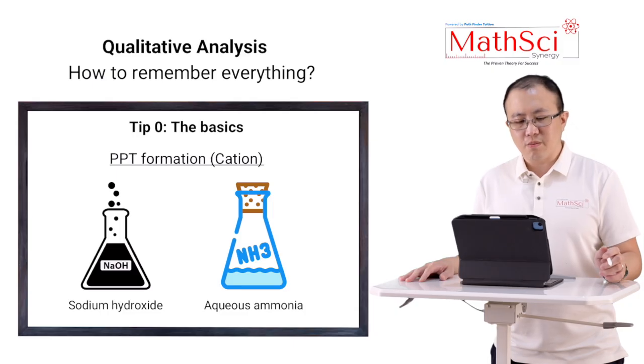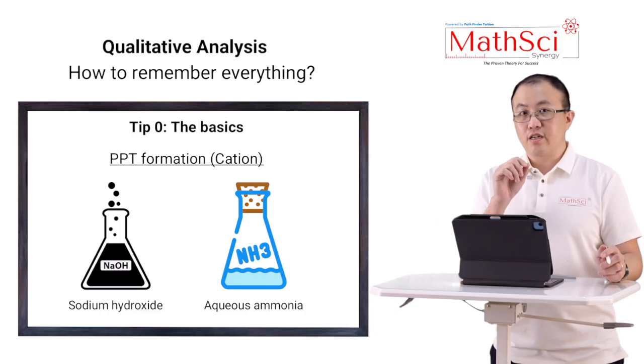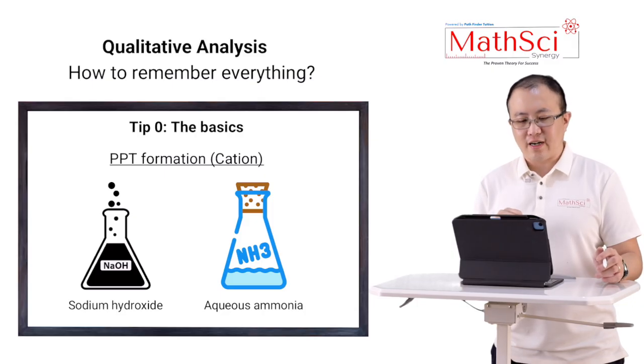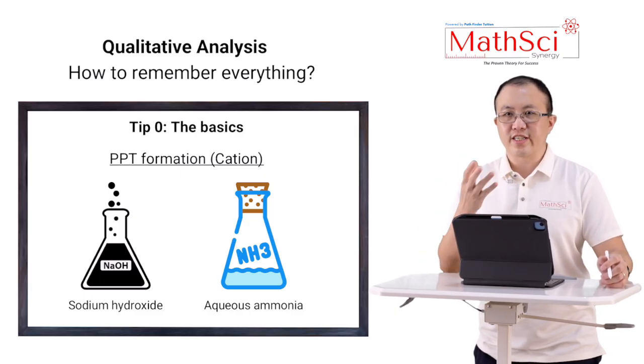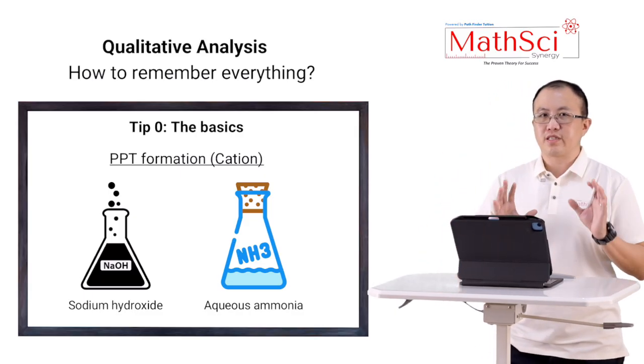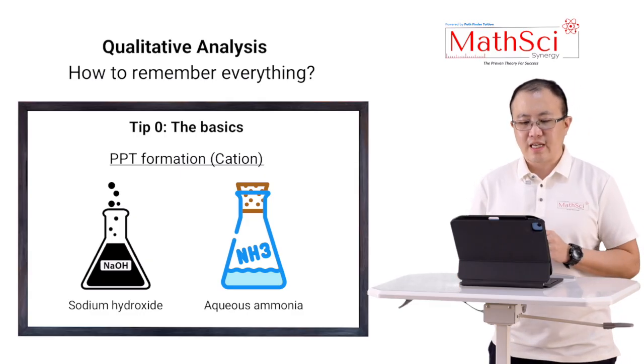Basic number 2 is, if you talk about the identification of cation, the positive ion, then you can remember that most of the results that we're going to see rely on the formation of precipitate. Quite seldom do we do further tests, but mainly from the precipitate itself, we will be able to identify whether this substance exists.